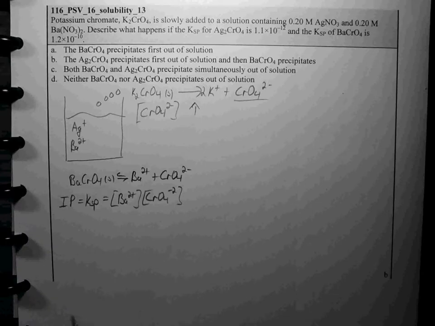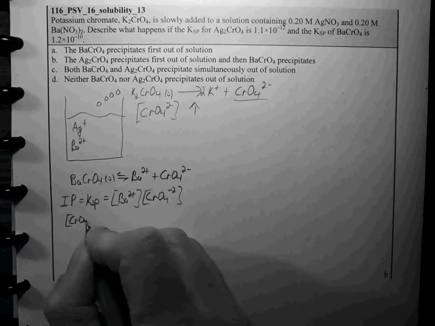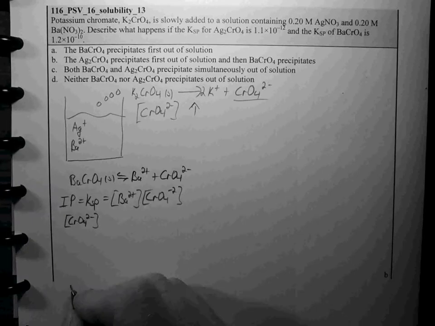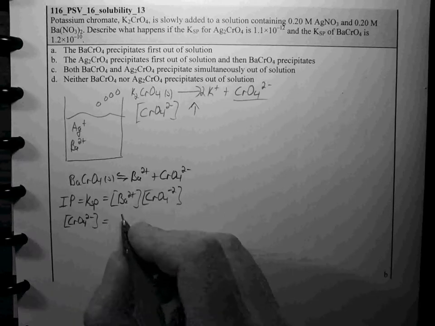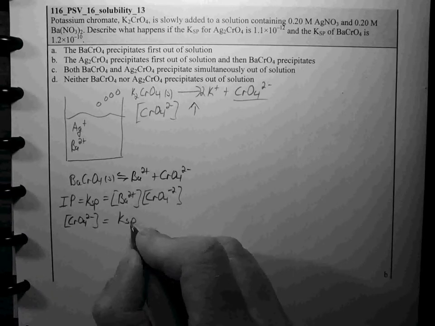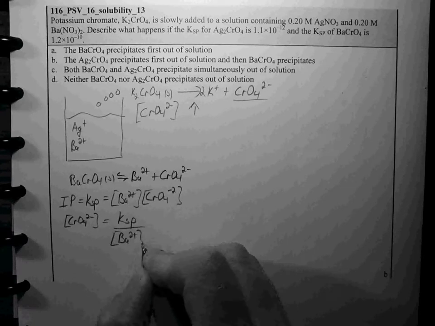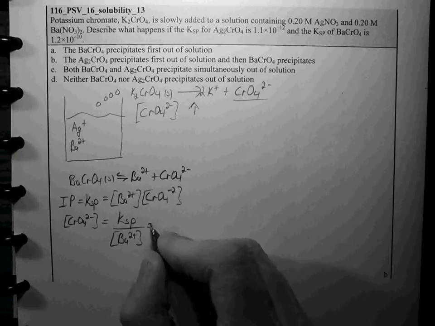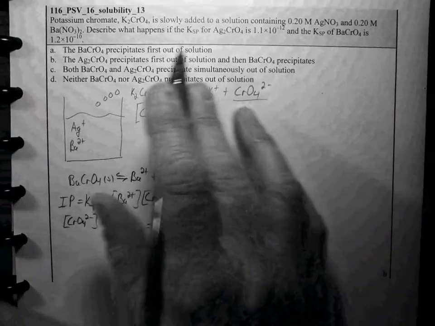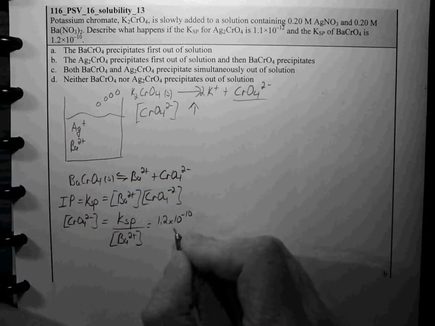So we want to find the chromate ion concentration where our precipitation is going to start to occur. So we're going to solve this for the chromate ion concentration. That's going to equal KSP divided by our barium 2 plus ion concentration. And our KSP for barium chromate is given to us as 1.2 times 10 to the minus 10.